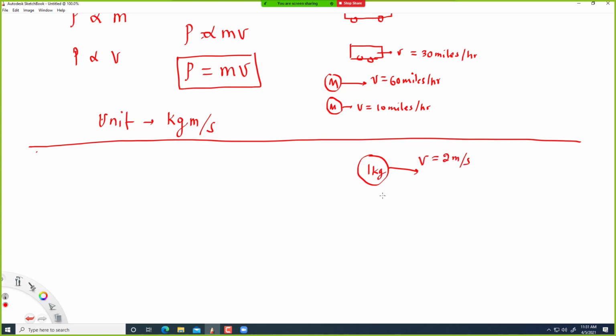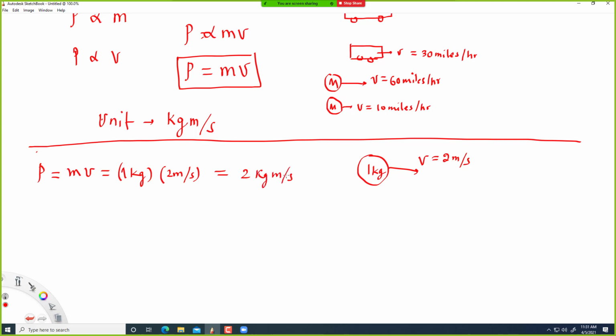What's the momentum of this object? The momentum is mass times velocity. Its mass is 1 kilogram, velocity is 2 meters per second, so the momentum is 2 kilogram meters per second.